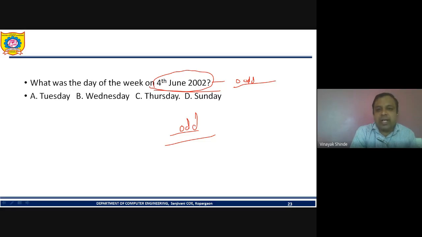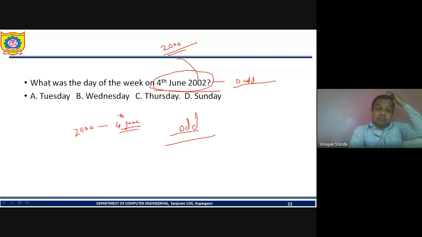From where do you need to find the odd days? First of all, we choose the nearest century year, which is 2000. So from 2000 to 4th June 2002, we need to find out the odd days.